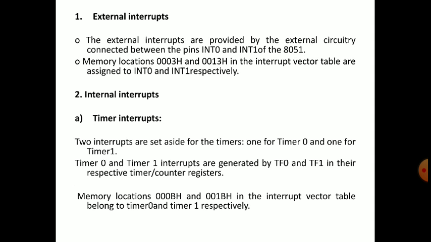Memory locations 0003H and 0013H in the interrupt vector table are assigned to INT0 bar and INT1 bar respectively. Yes, particular vector addresses are assigned to these interrupts. You can see in the table, INT0 bar is assigned 0003H and INT1 bar is 0013H.